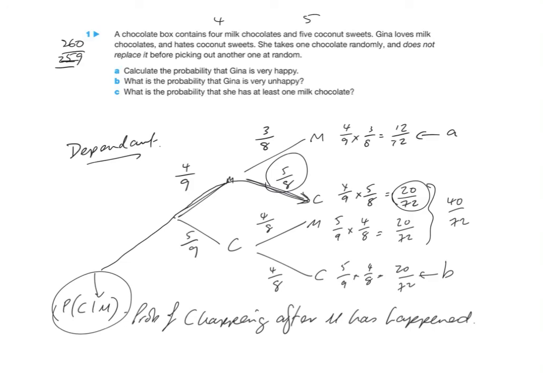I'm sure that you're all going to have a few questions, and I'm looking forward to doing some videos on this for any questions that you might have a little bit of difficulty on. If you do get the wrong answer, though, do have a look at your tree diagram.